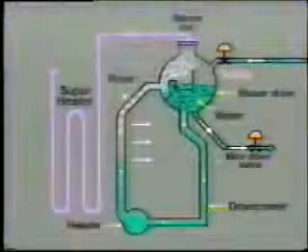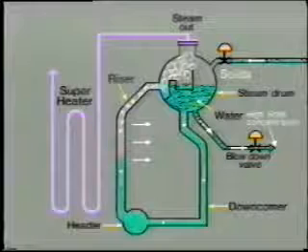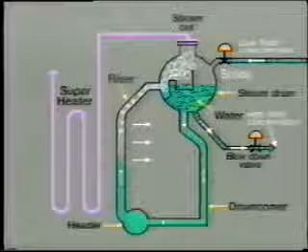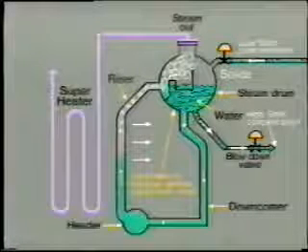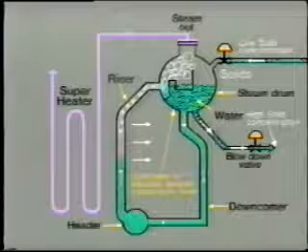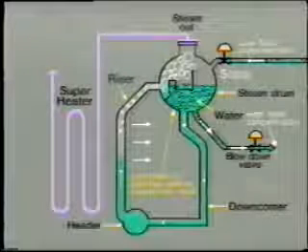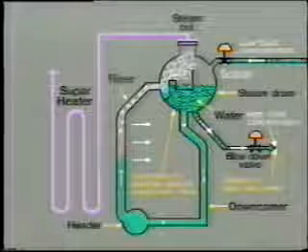This has the effect of discharging high concentration water to be replaced by incoming feed water of a relatively low conductivity. The continuous blowdown is controlled so as to maintain the desired conductivity level in the drum. The blowdown water is discharged to waste, but in many installations the heat is recovered.